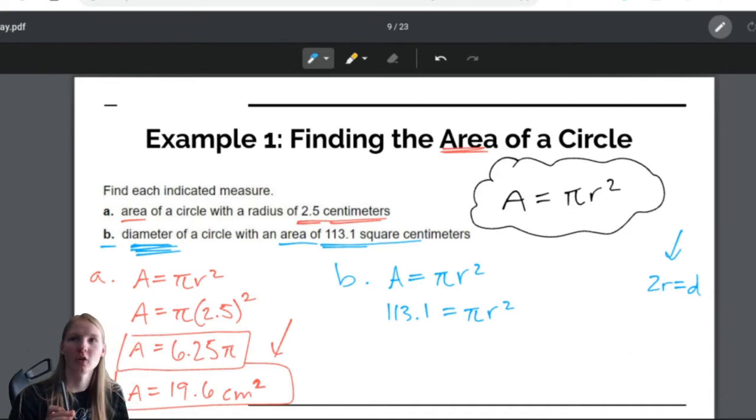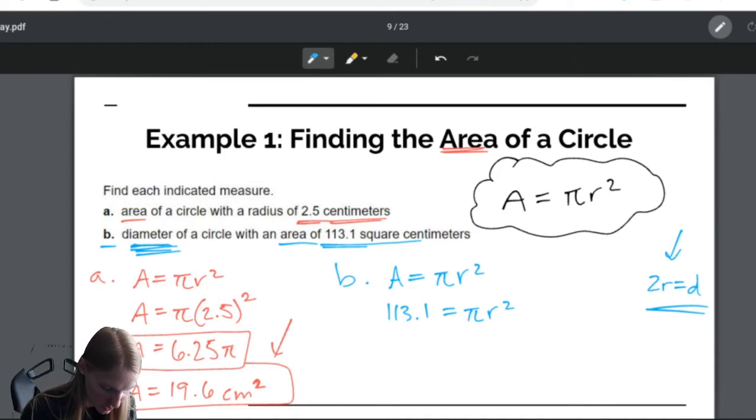Okay, so let's solve for the radius, and then we'll just multiply it by 2 to find our diameter. Cool. So to get the radius by itself over here, I need to get rid of that pi. So we'll divide by pi on both sides. 113.1 over pi equals r squared.